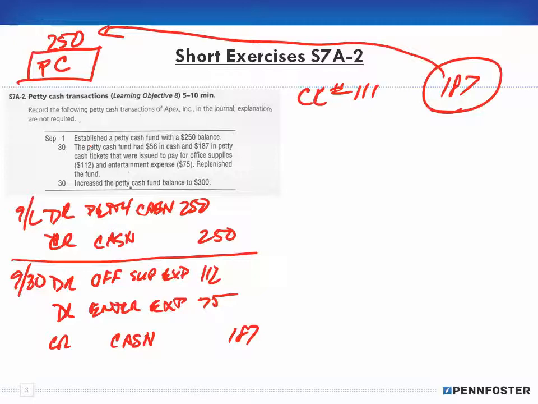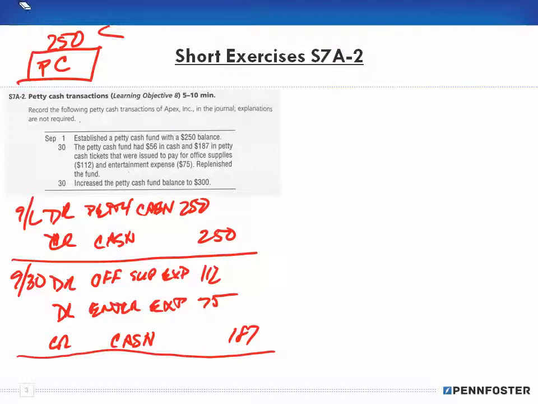And then lastly, it says we're going to increase the petty cash fund balance to 300. Remember, the petty cash account is called an imprest account.